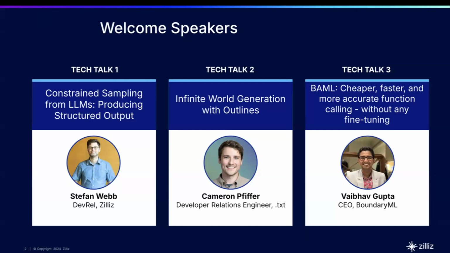And then we're very fortunate to have Vaibhav from Boundary ML talking about a tool they invented called BAML, a tool for producing structured output from LLMs with a domain-specific language. He'll explain it much better than I can.